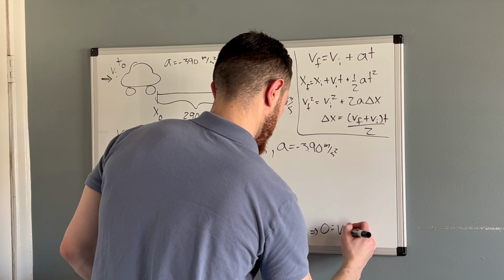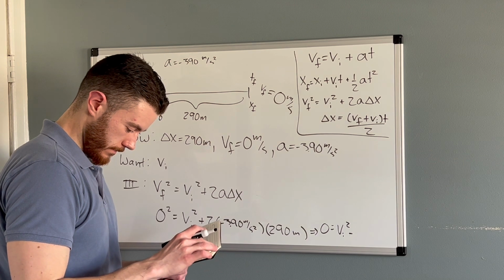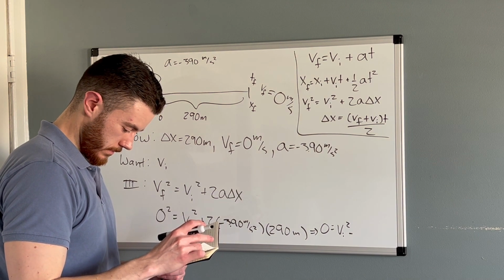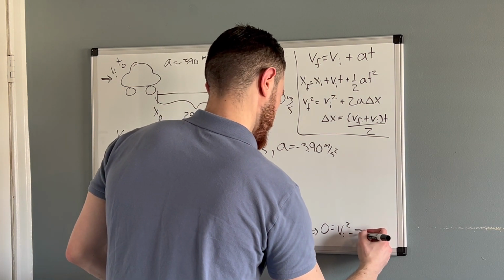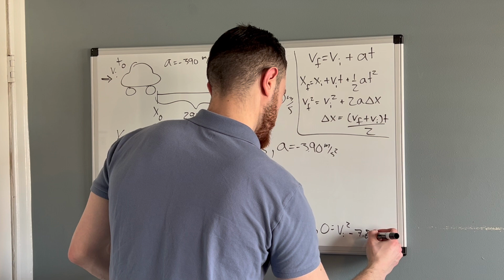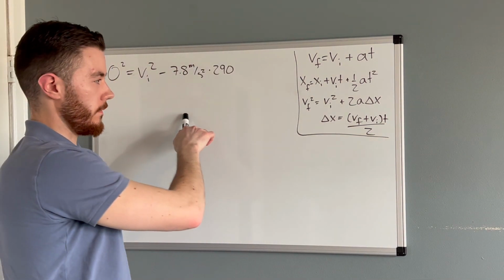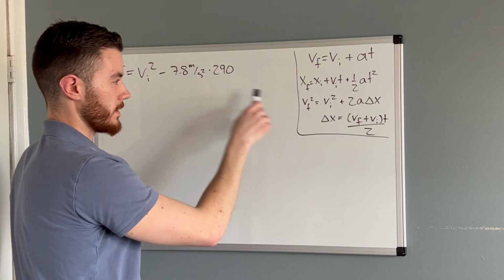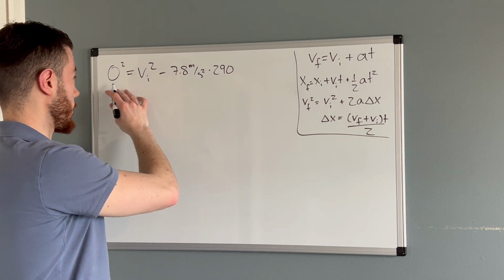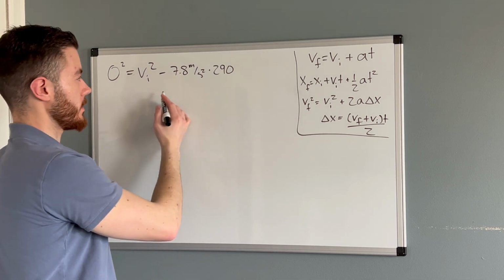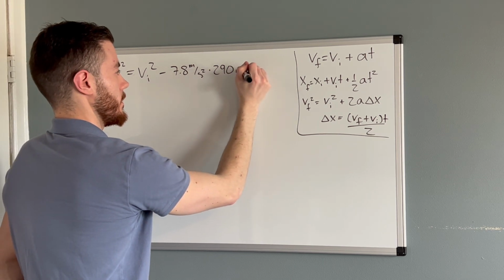This is where we are after we plug all of our known quantities into the time-independent kinematic equation. Final velocity squared equals unknown initial velocity squared plus twice the acceleration times the total displacement.